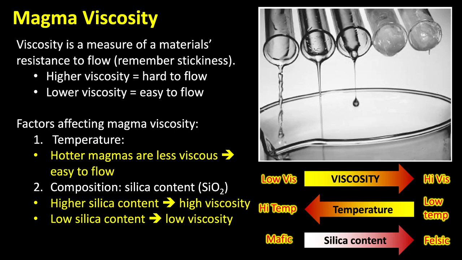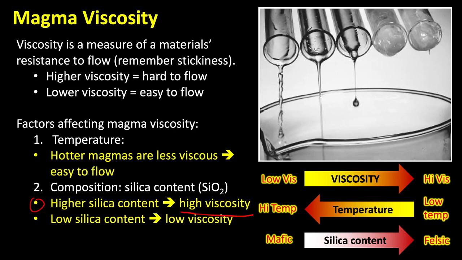But anyway, the next factor that controls magma viscosity is silica content, or the amount of SiO2 right here, the amount of silicate within the magma. The rule goes like this: higher silica content will cause the magma to be high in viscosity, whereas the other way around applies.